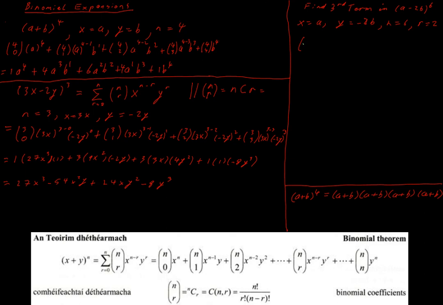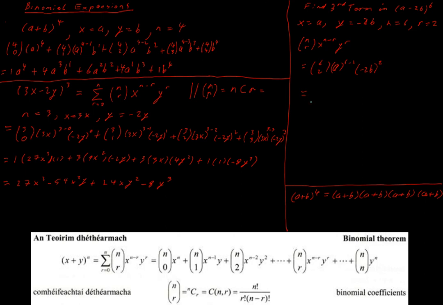So we're going to have nCr on x to the n minus r, y to the r. nCr, we have 6C2 on x is a to the power of n minus r, 6 minus 2, on y is minus 2b to the power of r.